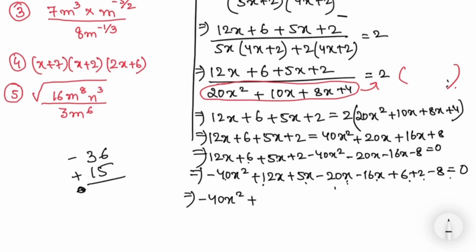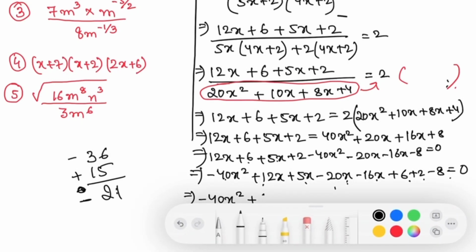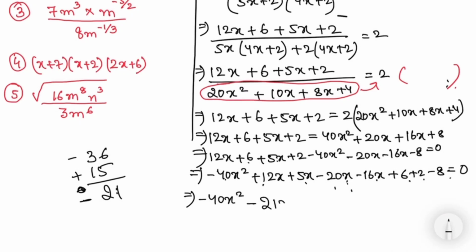So plus and minus will be minus. So the sign will be minus and we'll just subtract it. So it will become minus 21x. Now plus 6 plus 2, that's 8. 8 minus 8, that's 0. So we don't write anything.